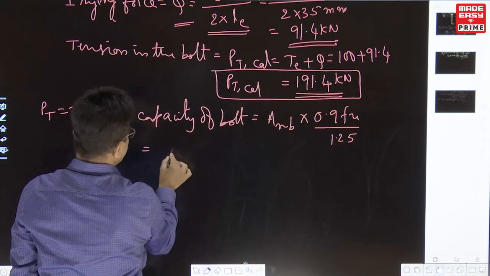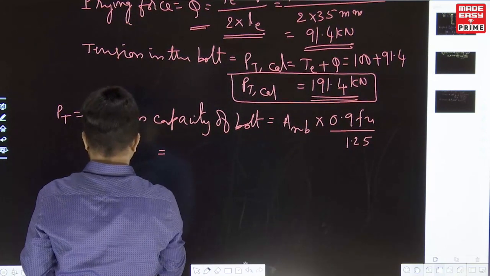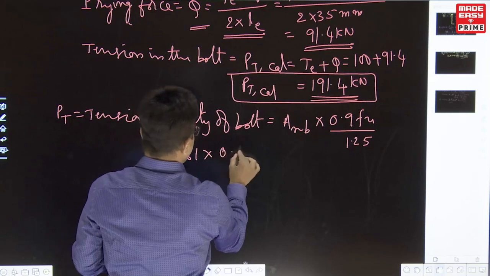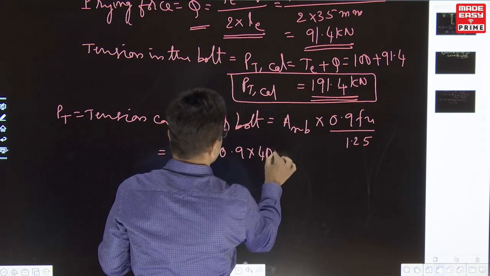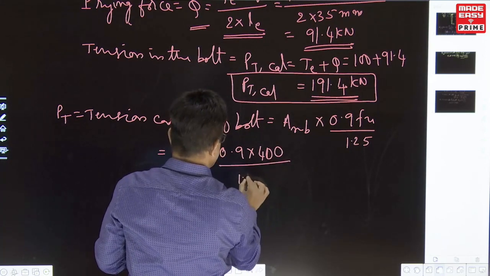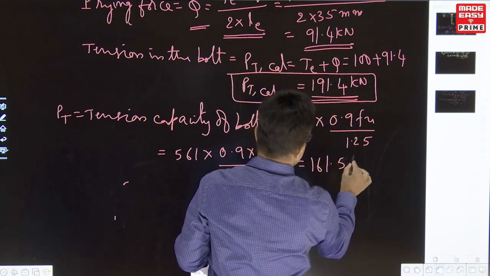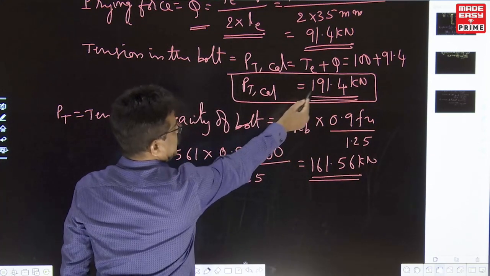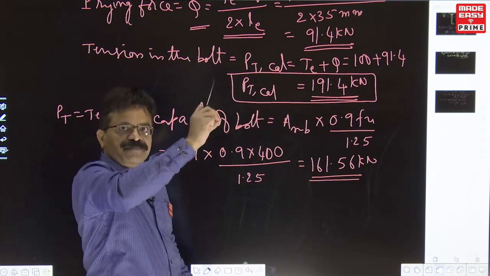The net area of the bolt is given as 561, into 0.9. FU is 400 because bolt FU is 400, divided by 1.25. You will get 161.56 kilonewton. Your calculated tension is 191, capacity is only 161. So the bolt will break by tension.